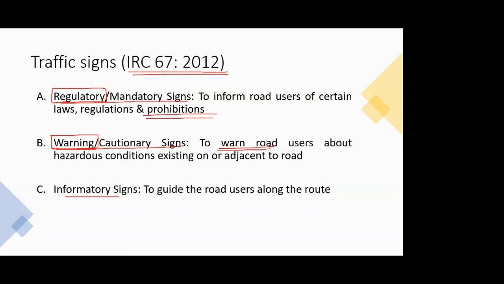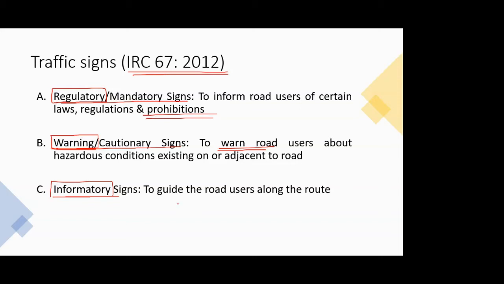Maybe there is an ongoing activity on the road, or there is a height restriction. Then there are informatory signs. These have nothing to do with regulation or warning; they are just for information, like Pune 50 kilometers, a tunnel 1,000 meters ahead, or a toll booth 1 kilometer ahead.